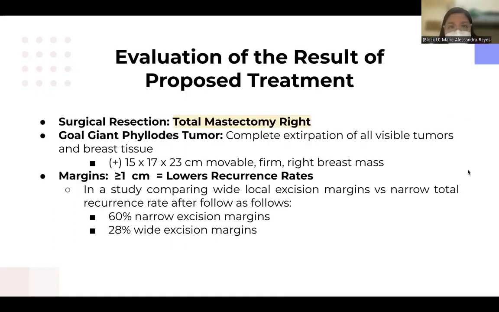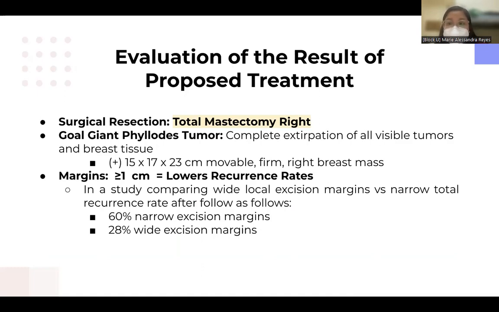So to evaluate the proposed treatment for our patient, the plan for our patient is total mastectomy, right? With margins of greater than 1 cm. Again, for giant phyllodes tumors, since our patient has a 15 by 17 by 23 cm mass, complete removal of visible tumors and breast tissue is advised.